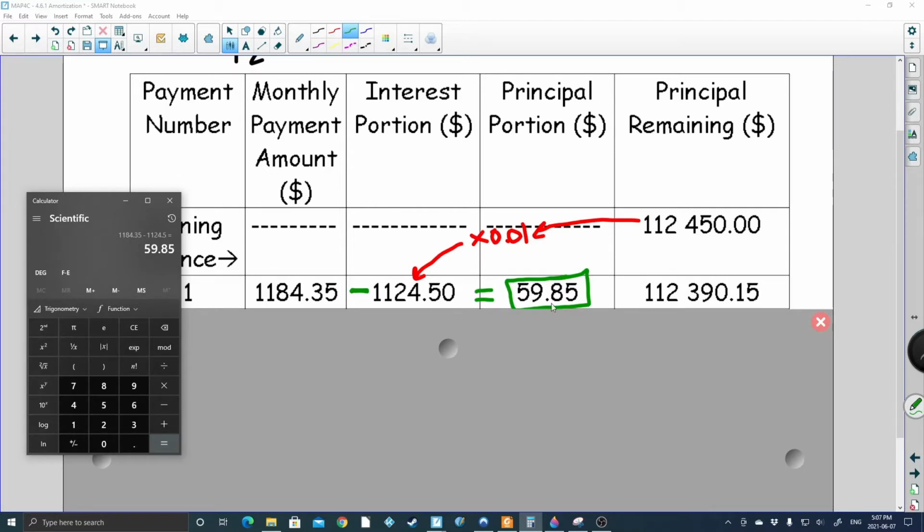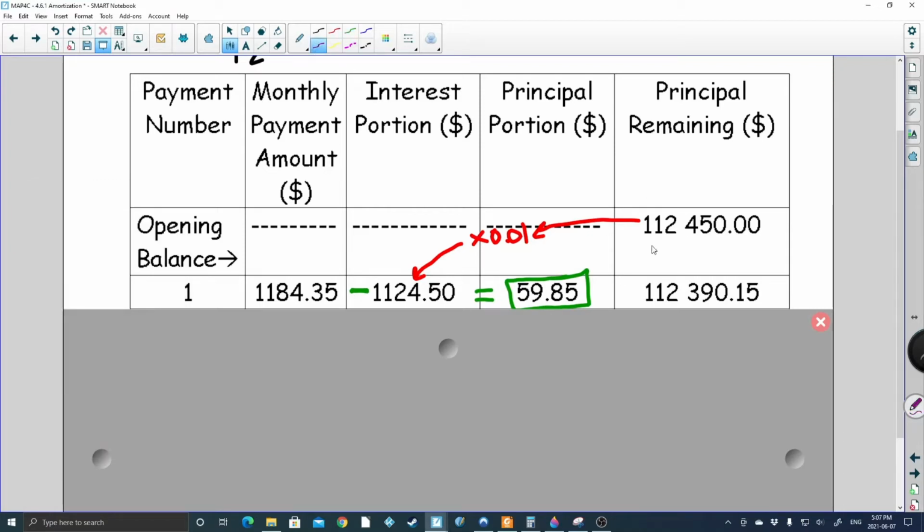And then, if you understand what's going on, this is how much we paid on the principal. This is our original principal. We're trying to lower this quantity. So that means I am going to now take my principal, I'm going to subtract this number to give me my new principal.